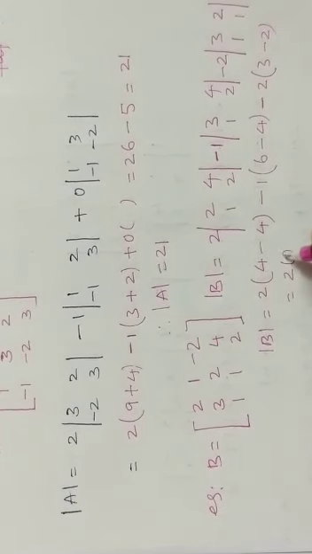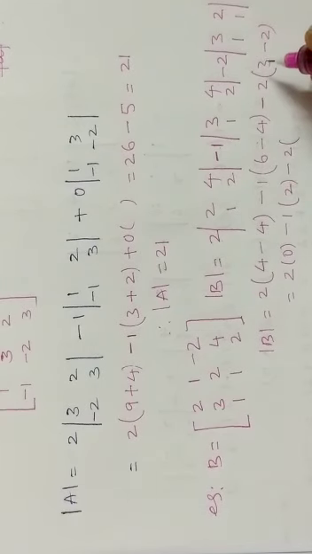2 into 0, minus 1 into 6 minus 4, that is 2, minus 2 into 3 minus 2, 1. 2 into 0 is 0, minus 1 into 2, minus 2, minus 2 into 1, minus 2.